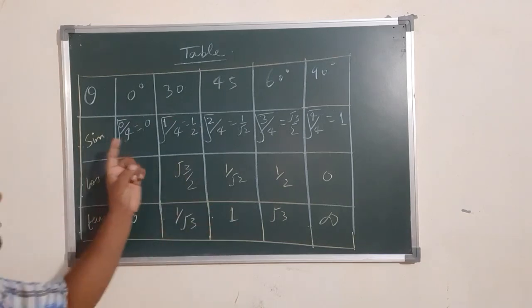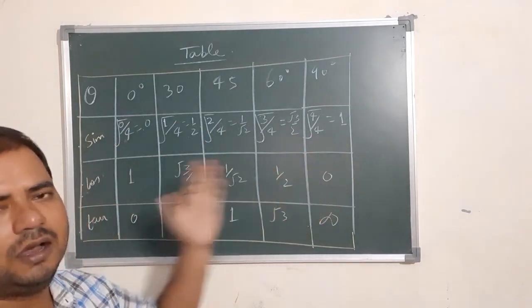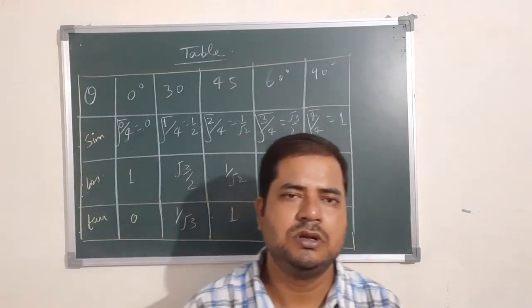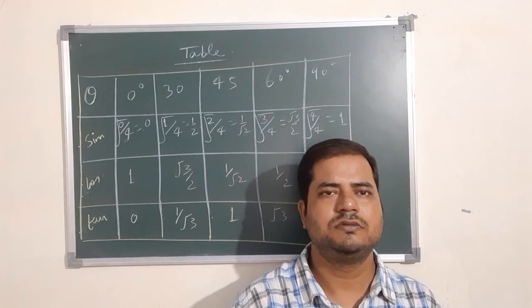So these are the values 0, 1 by 2, and so on. Afterwards you just reverse the direction and you will get the answer. So thank you for today. Thank you very much.